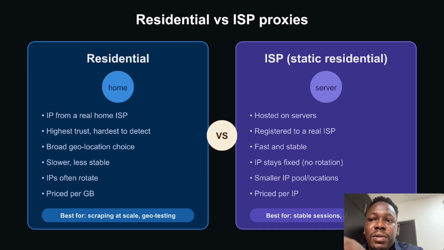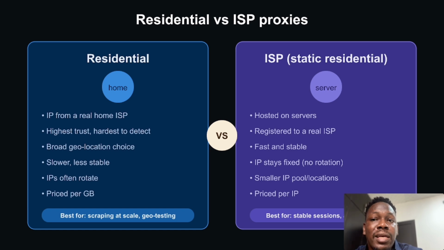For residential, like I said, it uses a real home ISP. It is broad in the sense that you can use it for different countries, different cities. I'm going to show you platforms where you can get residential from, and you can see how broad it gets, with different countries, different cities, different locations.